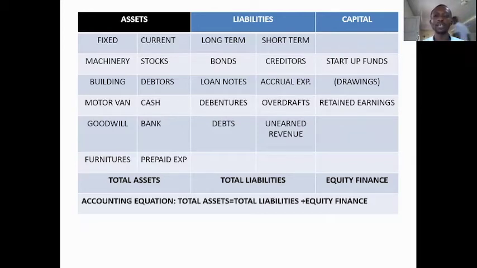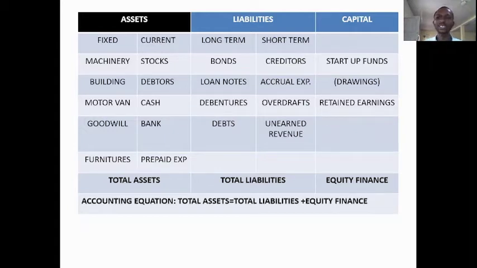Then you have capital, you have startup fund, you have drawings. I tried to explain drawings when we were looking at the balance sheet itself. I told you that drawings are those expenses that are made by the owners of the company. They are not related to the business.